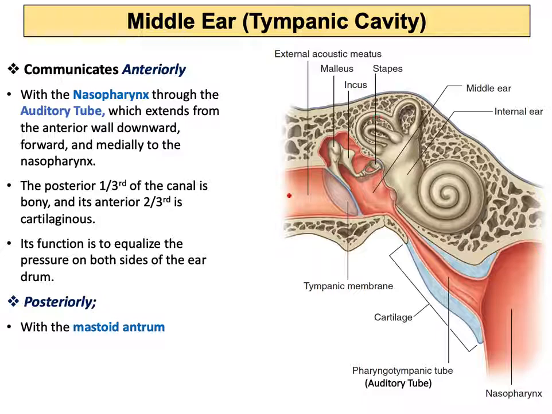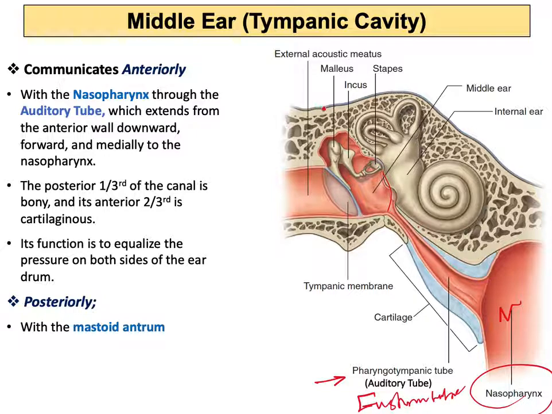Yes, the tympanic cavity or the middle ear, what you see here, communicates, as I mentioned, anteriorly and posteriorly. So anteriorly, this cavity, the middle ear, communicates with the nasopharynx, as you see here, and this is the anterior opening, right, through, of course, the pharyngotympanic tube, or as I mentioned, auditory tube.